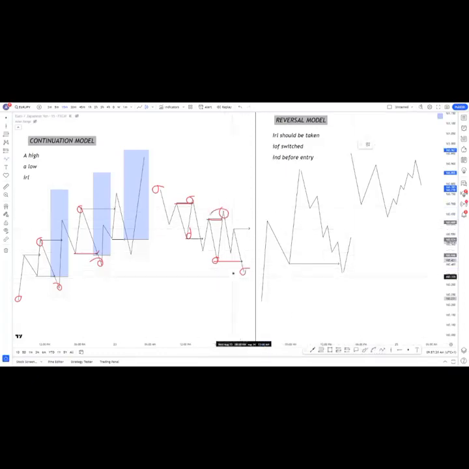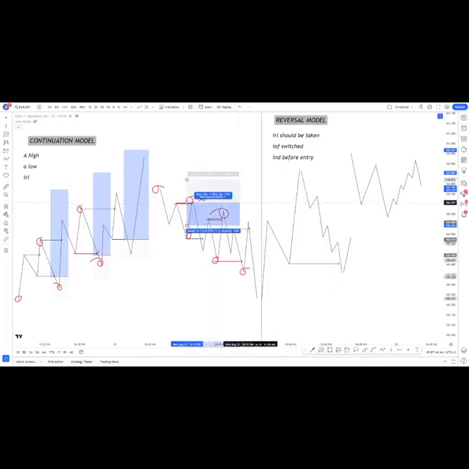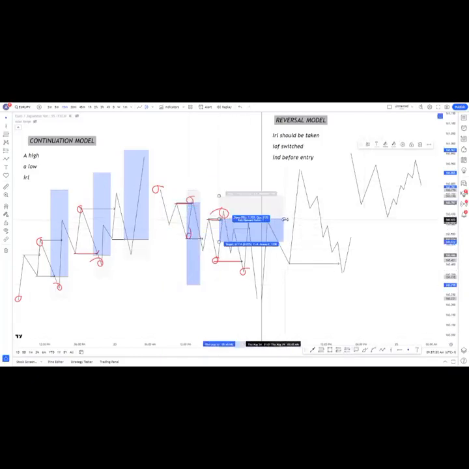Then you want to continue the sell to the downside above the internal range liquidity. So that is how I usually take a continuation trade, just like joining the trend when the market is selling or buying. This is a very simple entry model, and I'm going to be showing you chart examples as well.